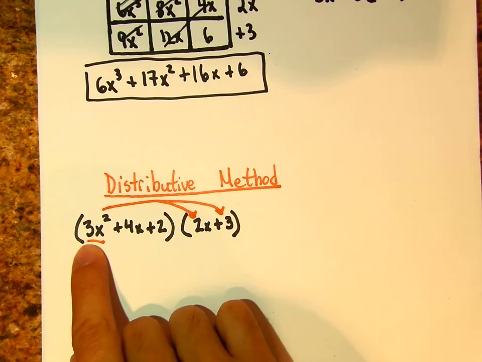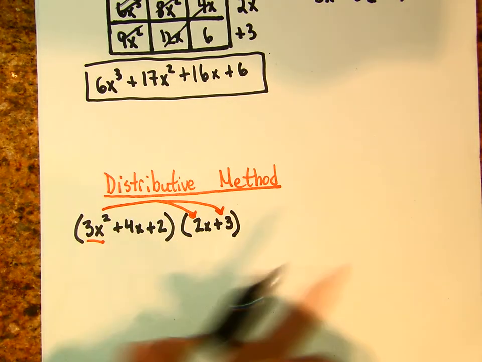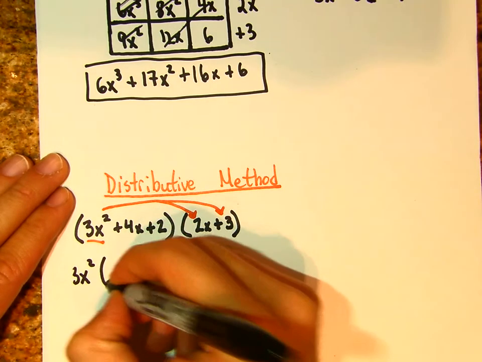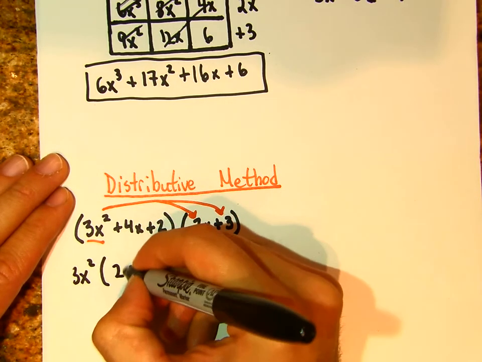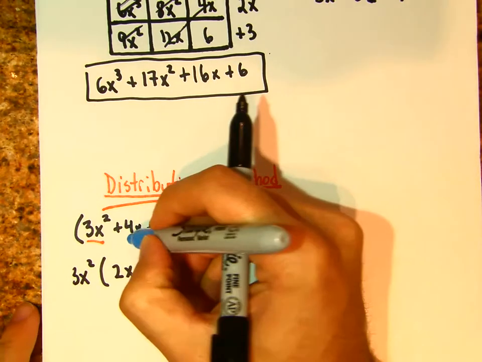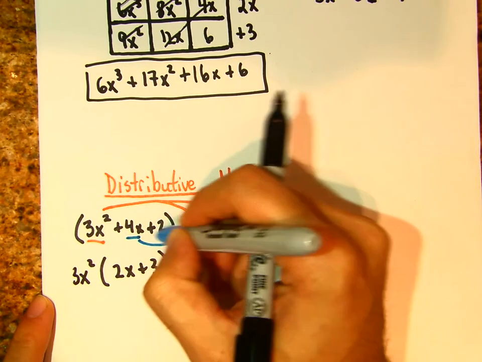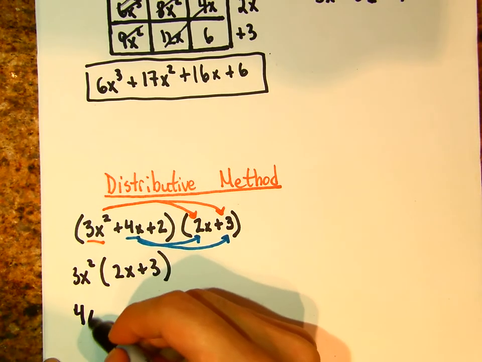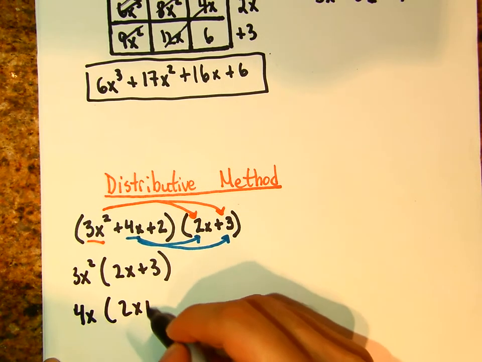So algebraically what I'm doing is I'm just taking 3x squared times 2x plus 3. What would be the next one? I have to take this 4x and multiply it to the 2x plus 3, yeah? So then it'll look like this. So 4x times 2x plus 3.